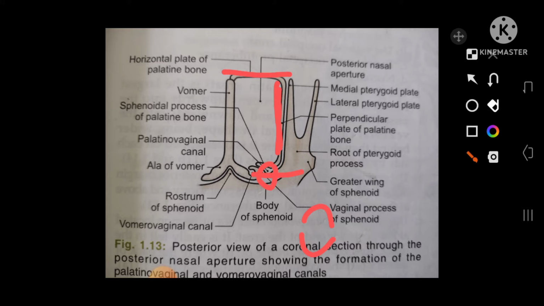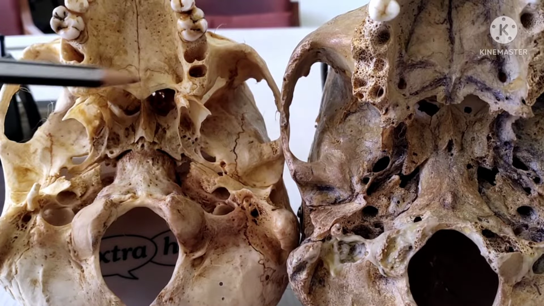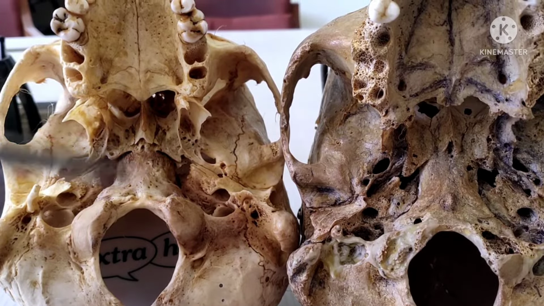It is called the palatovaginal canal. It lies between the palatine bone and the vaginal process, so the name is palatovaginal canal. So in this part, when we take a coronal section and look, we will see two such canals. They are the palatovaginal and vomerovaginal canal. So this is all about the central area of the middle part of norma basalis.